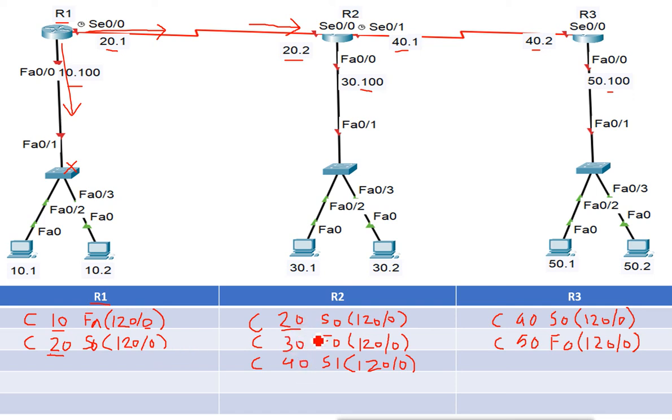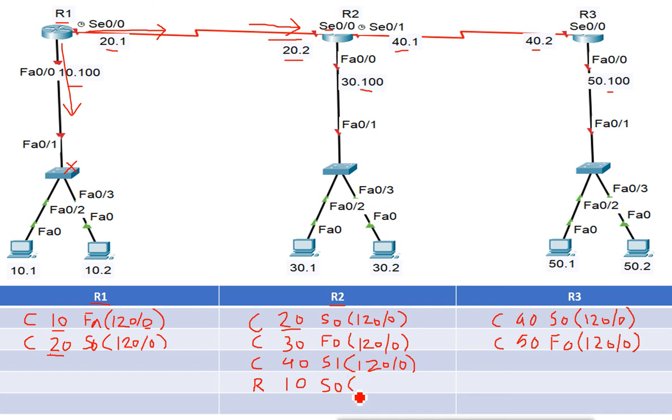So router 2 creates an entry for the network it doesn't know. It creates the entry like this: the information is coming from RIP, and it is about network 10. It is coming from this interface, so it says the information I got from this serial interface, serial 0.